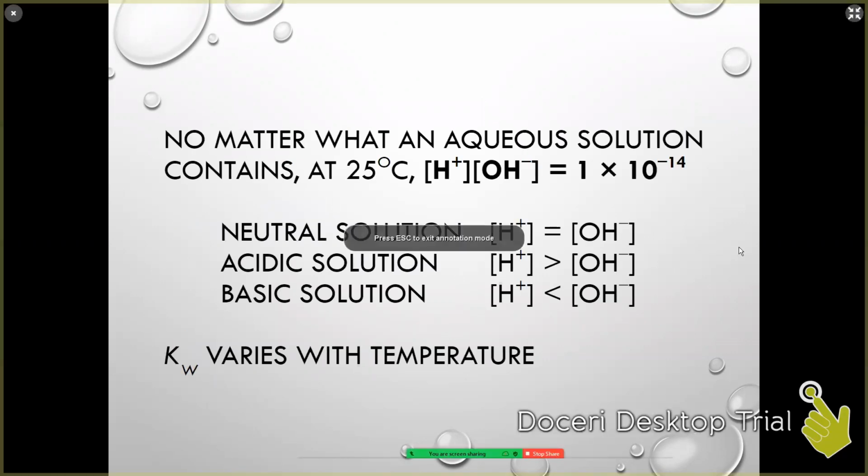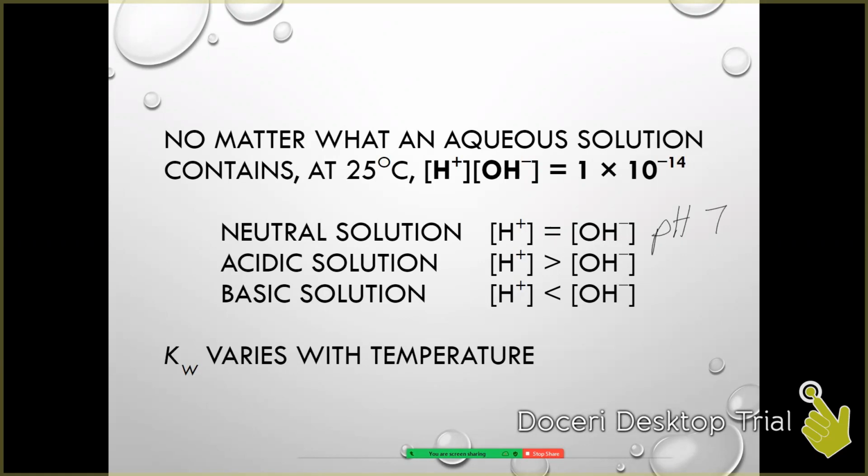So we kind of already touched a little bit about that. No matter what an aqueous solution contains at 25 degrees, those two are always going to have a product equal to 1 times 10 to the negative 14. So in a neutral solution, they're going to be equal, and we should get a pH of 7.